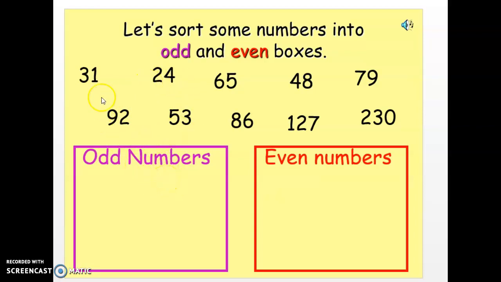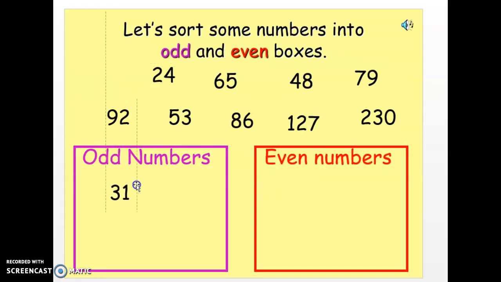So let's try. So 31, 1 is, if a number ends in 1, 3, 5, 7, 9, all those are odd numbers. So let's start by getting all odd numbers together.